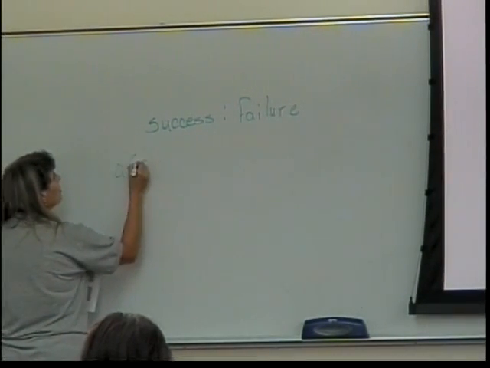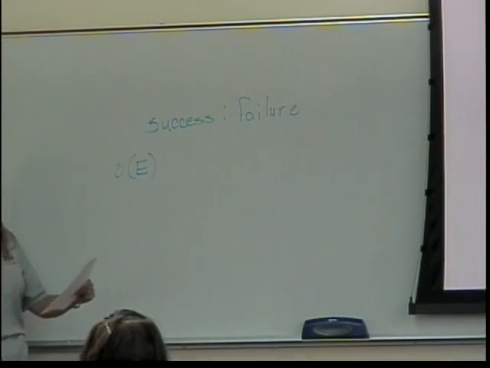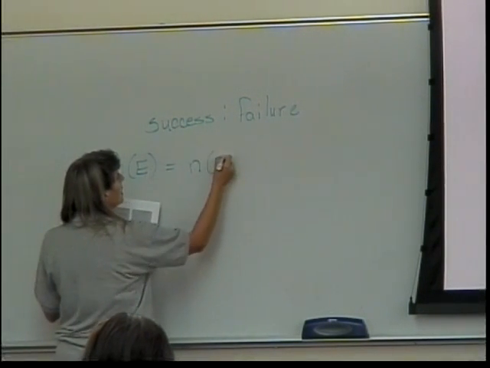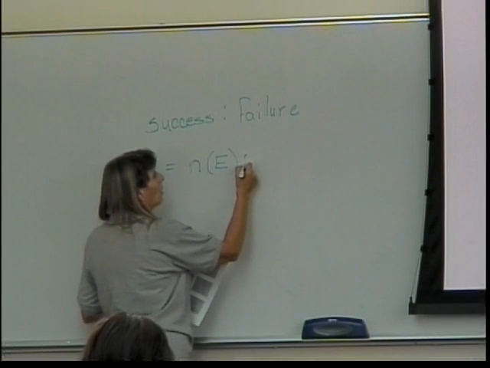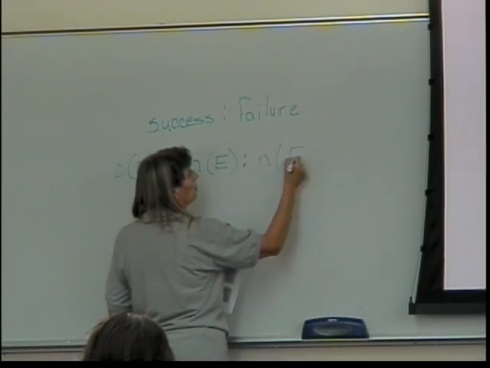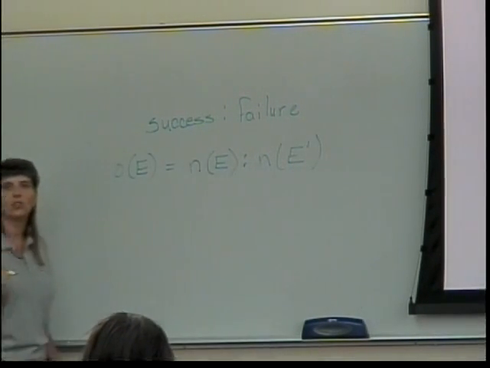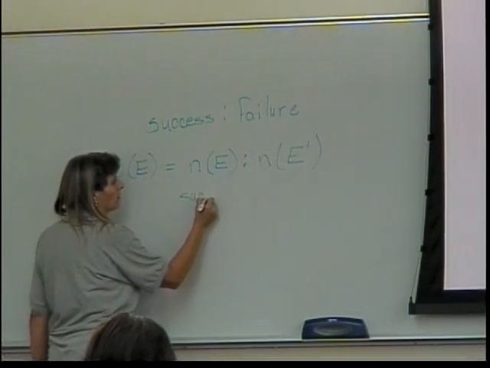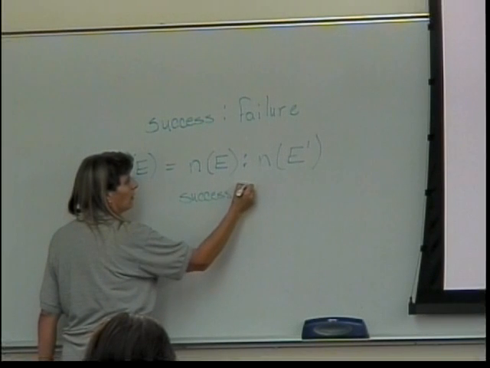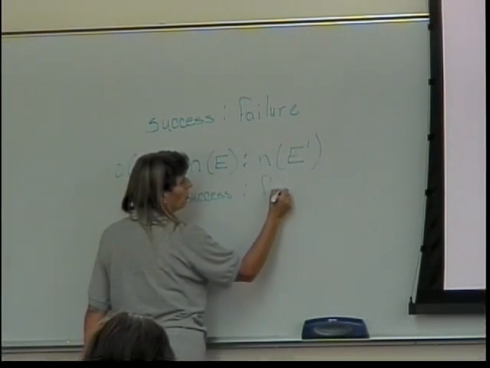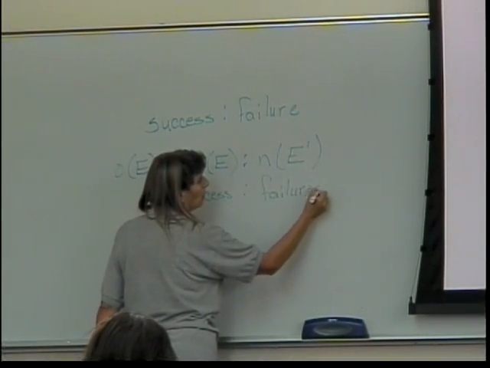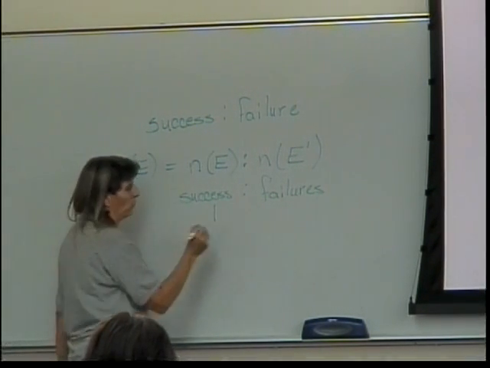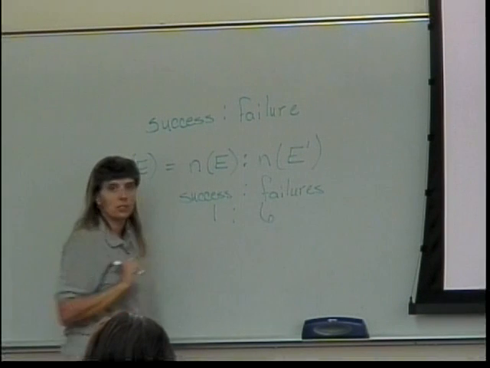The odds of an event, I told you this on Tuesday's class, are equal to the number of things in the event, colon, the number of things in the complement of the event. That should be in your notes somewhere. Another thing that this means is this is your success, that's what happened, and these are your failures. So in the case of our problem, there's 1 way to be successful and 6 ways to fail.